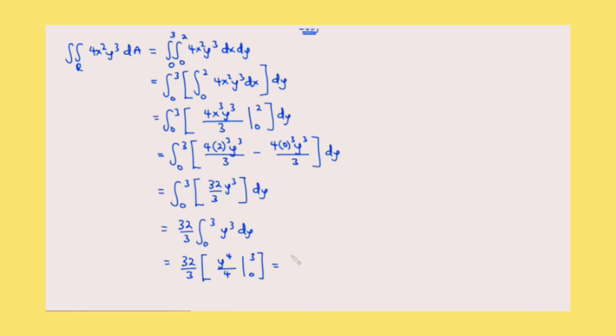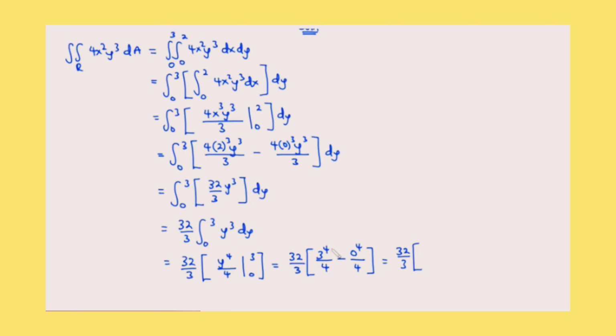Now this is equal to, we are going to have 8 divided by 3 on the outside, and then we input the upper limit in place of y here, so that we have 3 raised to the power 4 divided by 4, minus, we input the lower limit, so that we have 0 to the power 4 divided by 4. Now this is equal to 8 divided by 3 times, in the bracket, this fraction goes to 0, so we are left with 3 exponent 4 divided by 4.